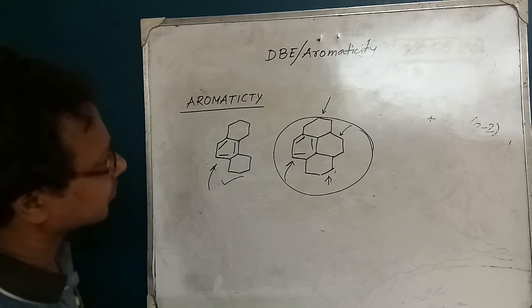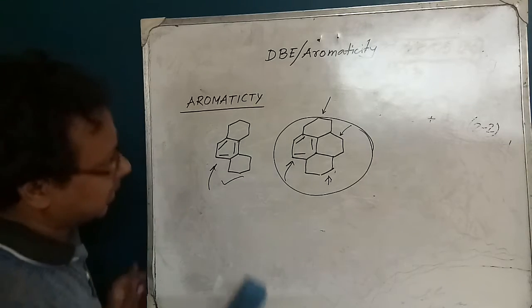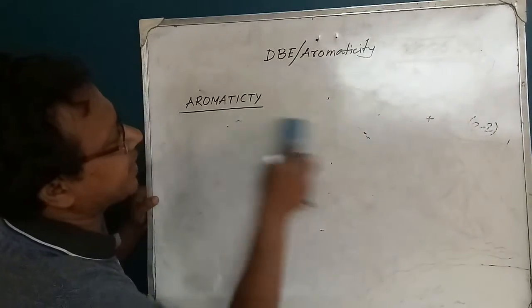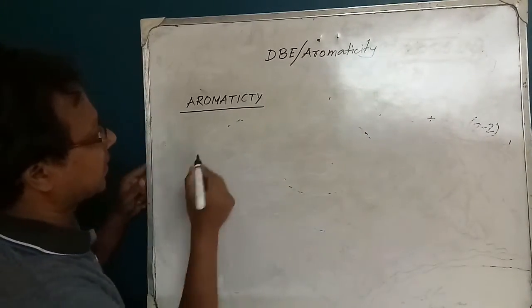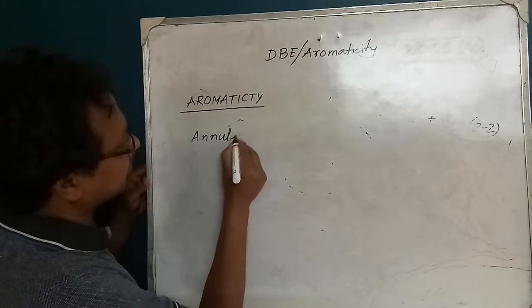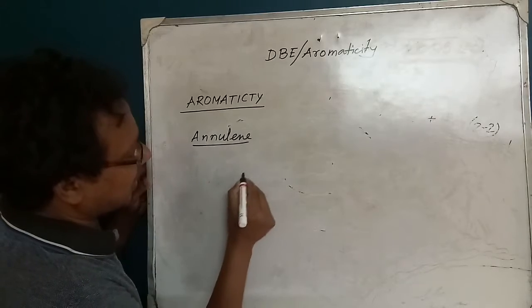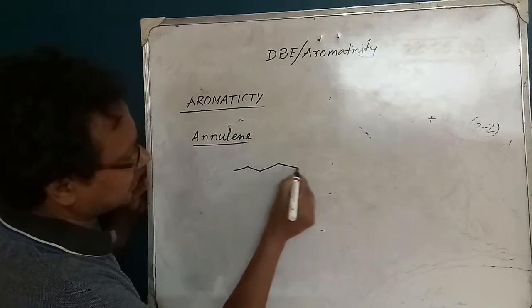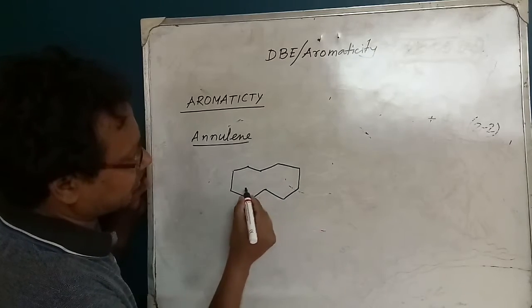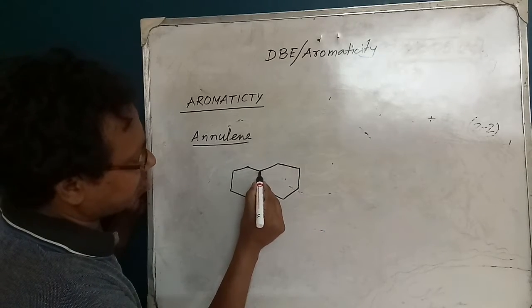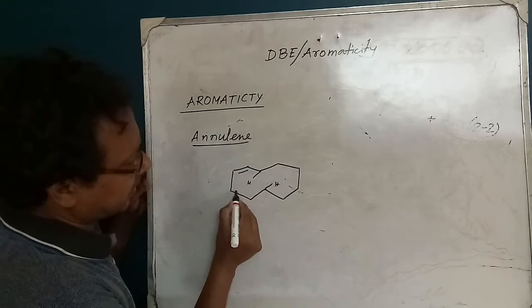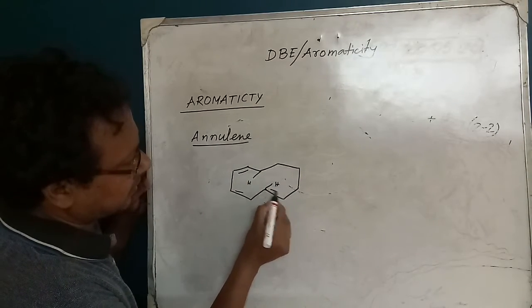Next, another example, the 10 annulene system. I am showing the structure of the 10 annulene system, that is trans 10 annulene.